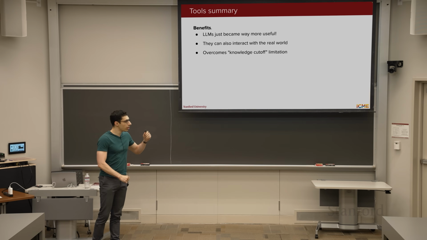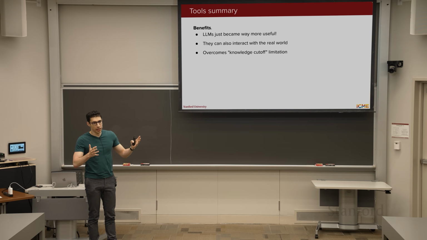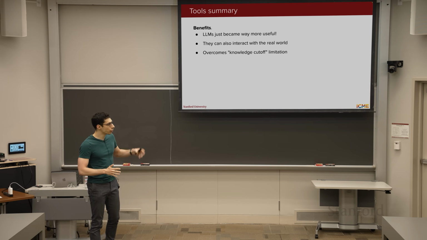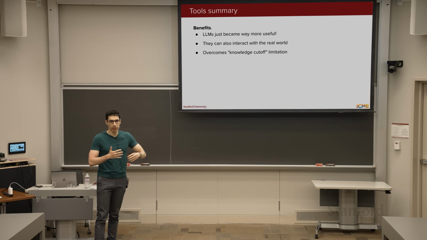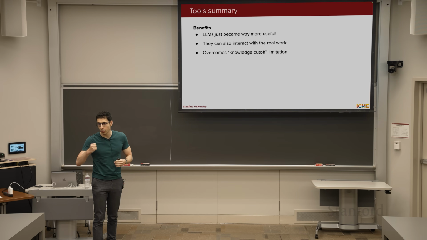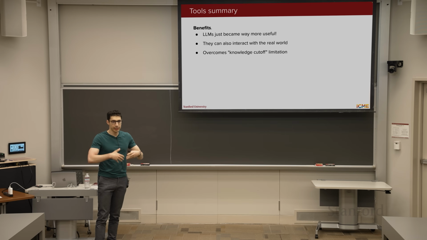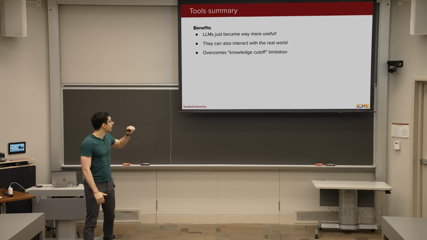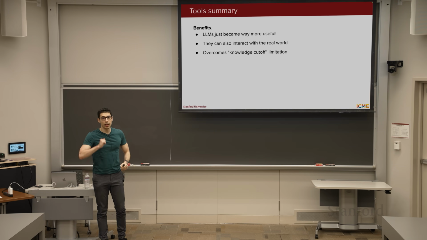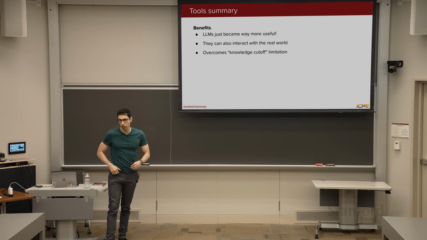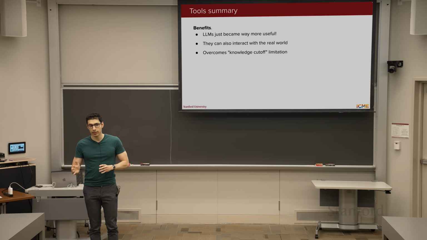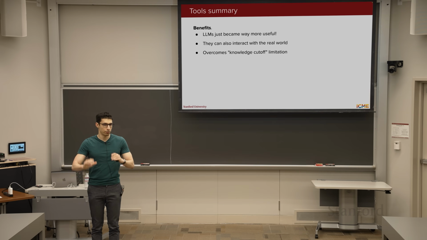So first, we saw that we came from an LLM that just responded back at you with normal words to an LLM that can actually interact with the outside world, fetch real-time information, or even extend computing capabilities, and exactly like overcomes the issue that Afshine was mentioning, the knowledge cutoff one, in a different way than what RAG would do.